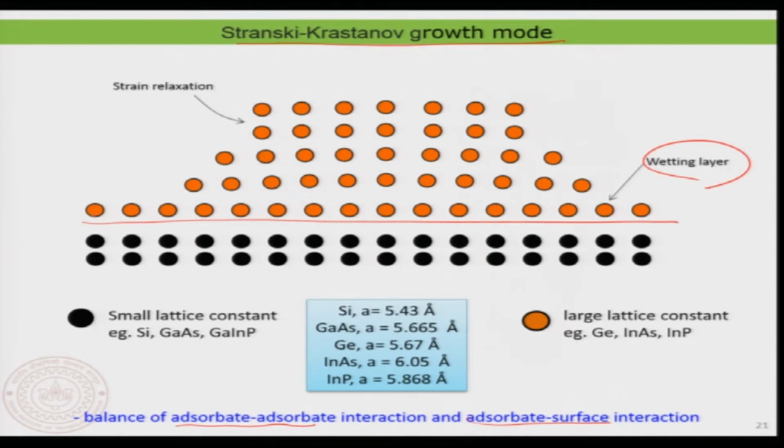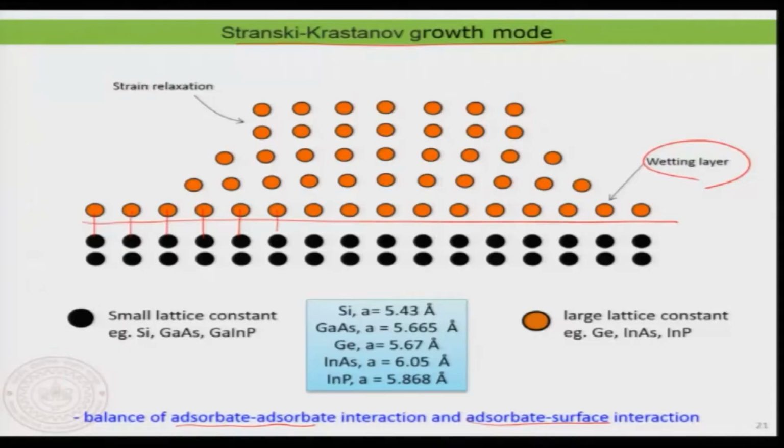So, what happens? You can see at the interface, as I have shown in this microscopic scheme, every add atom is sitting exactly on top of a surface atom. That means the interface layer is extremely relaxed. That means at the interface everything is controlled by the so called adsorbate surface interaction.